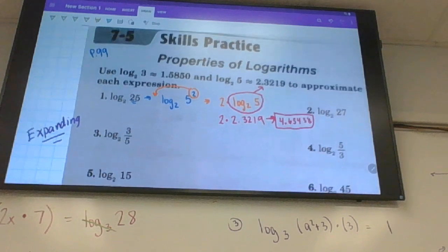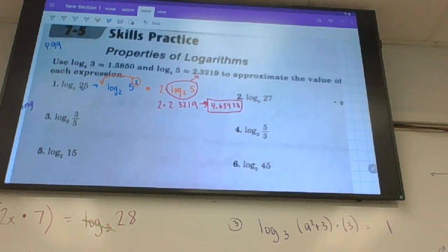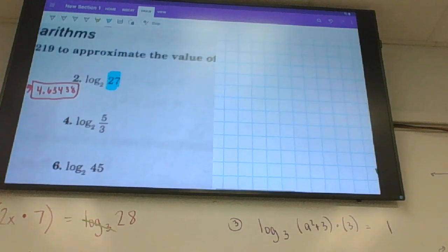Okay, number 2. You guys try to rewrite it. I showed you one. Think about how 27 could be written differently. You can see it's kind of been the theme of all second semesters, seeing numbers as bases and exponents, and understanding numbers beyond what you have before.